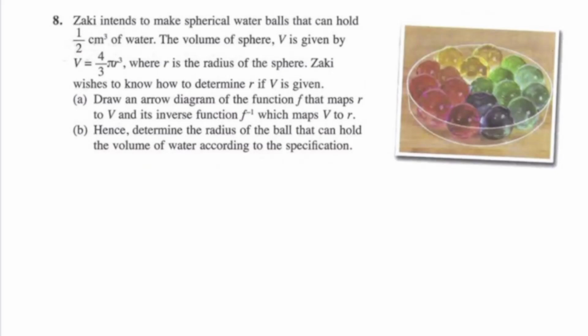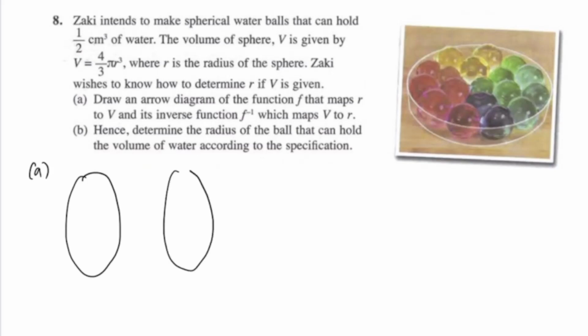Draw an arrow diagram that maps your r onto V. So this is r mapped onto V, using the function f and the inverse function f inverse that maps V onto r. Alright, very simple, right?